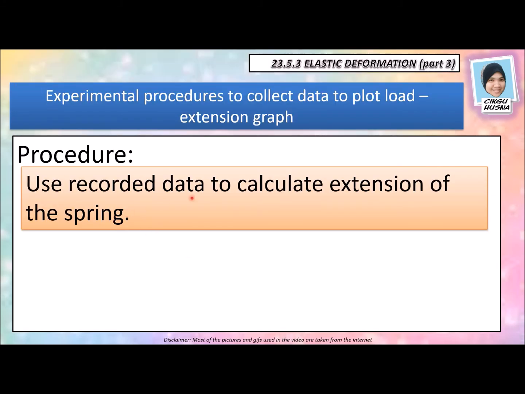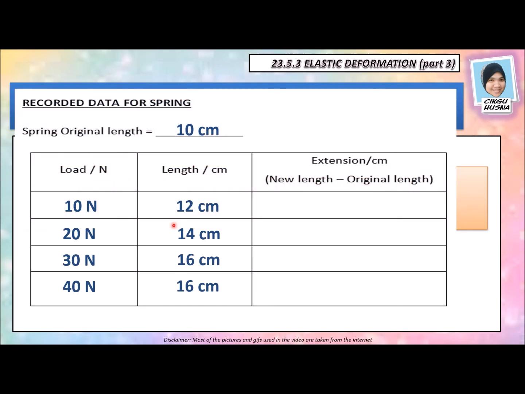With the recorded data, you can now calculate the extension of the spring. Here, you already have your original length and also new length, so we can calculate extension. Extension is new length minus original length. 12 cm, 14 cm, 16 cm are all new lengths.